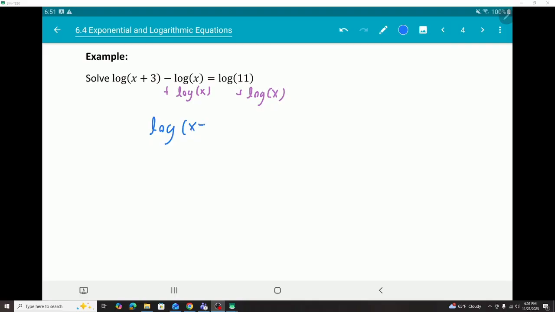Get log of x plus 3 equals log of x plus log of 11. Now I can combine without any gross fractions around. So happy day on that one.